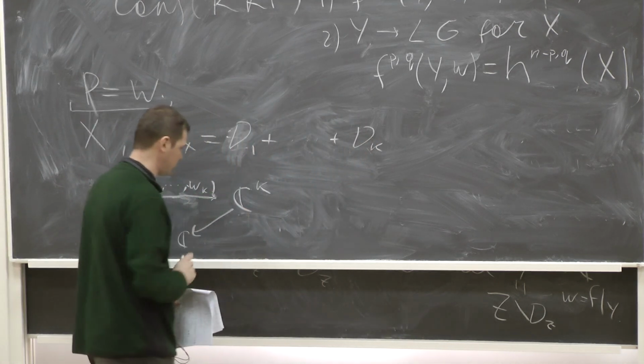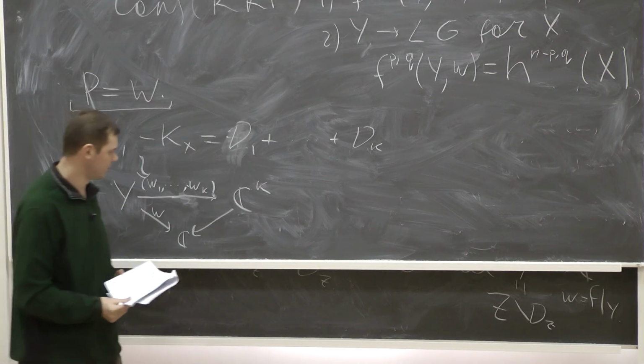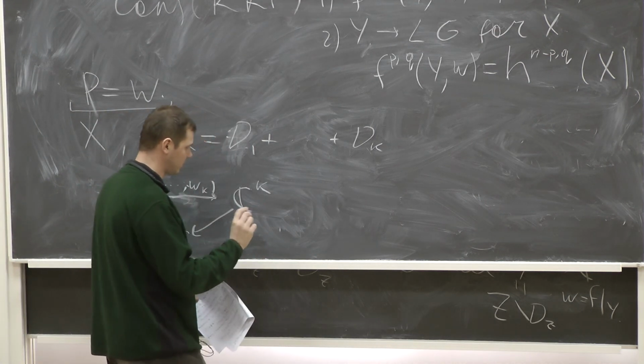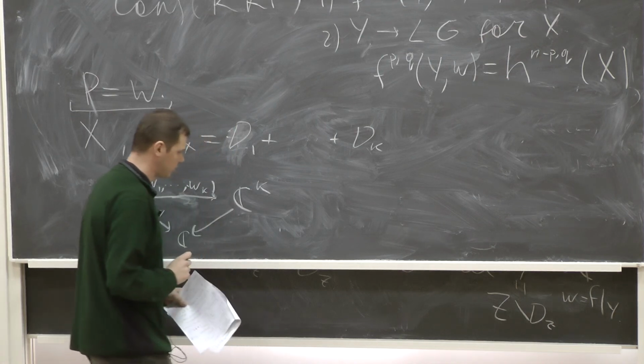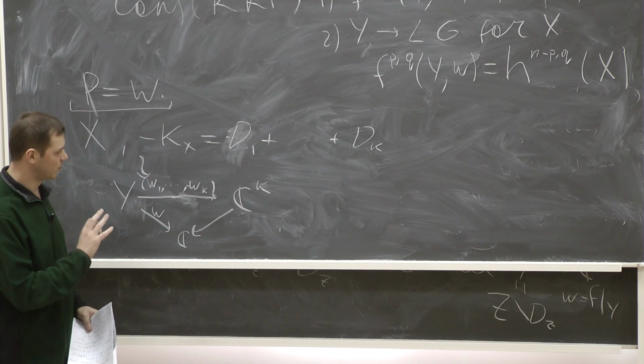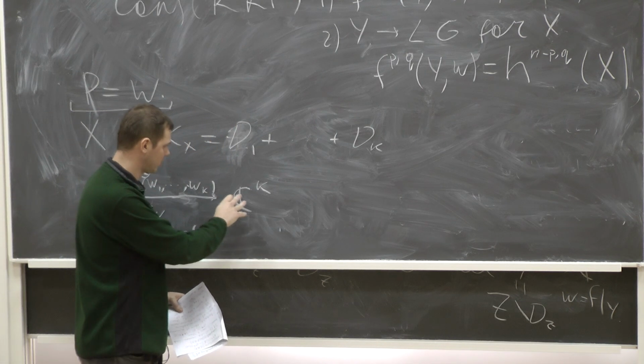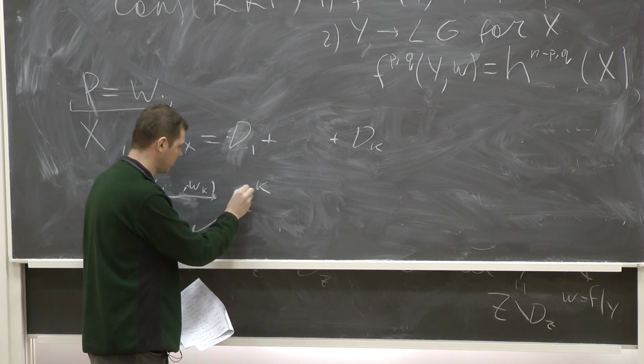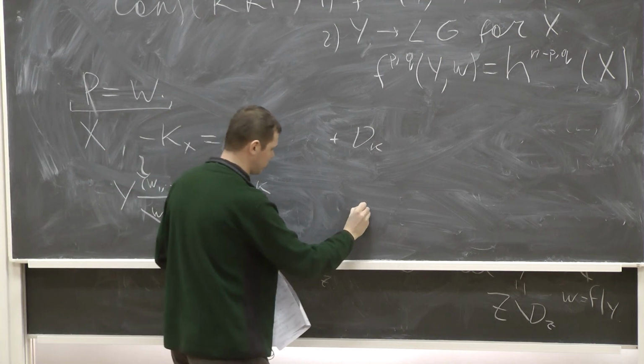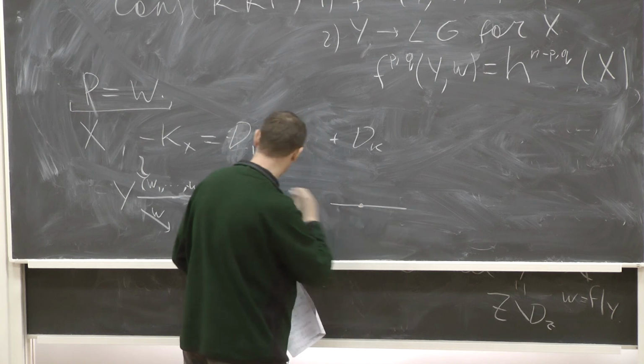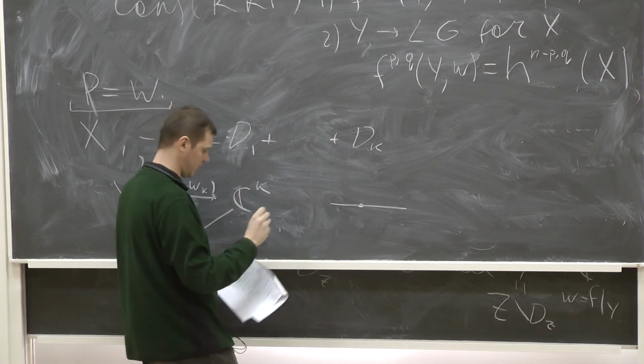Then we can choose a generic flag of linear spaces. Well, it's not necessarily linear. It's a discussion how general a flag you can choose. But let us just choose a flag of linear spaces in this C^k.